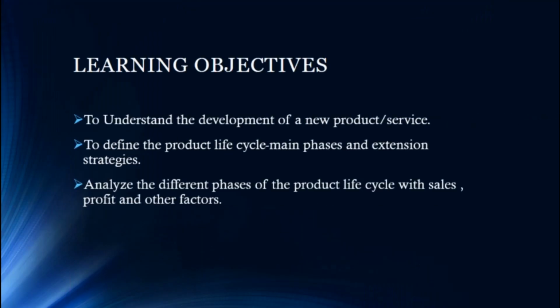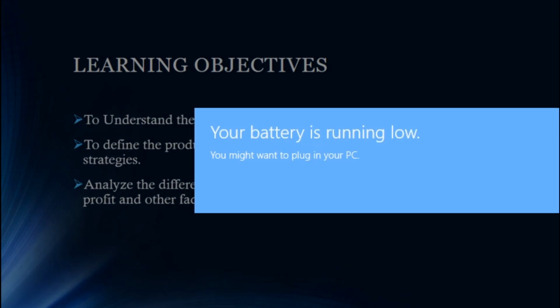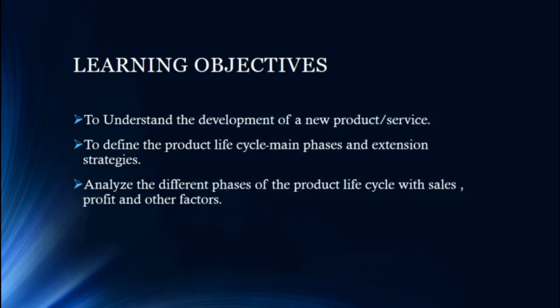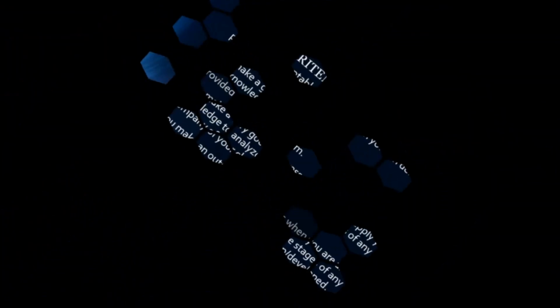Okay, learning objectives for today are to understand the development of a new product or service, to define the product lifecycle main phases and extension strategies, and to analyze the different phases of the product lifecycle with sales, profit and other factors. Our success criteria: acceptable progress is when you can define product lifecycle.